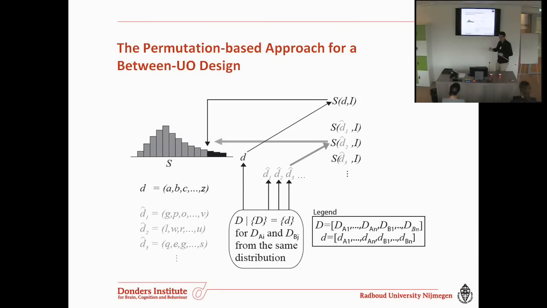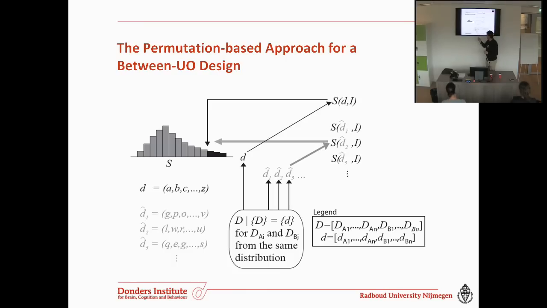Now, crucially, what you can prove in a very short but very elegant proof is that if the random variables in condition A and those in condition B have the same probability distribution, then this particular conditional distribution, the ordered data given the unordered data, is a uniform probability distribution.